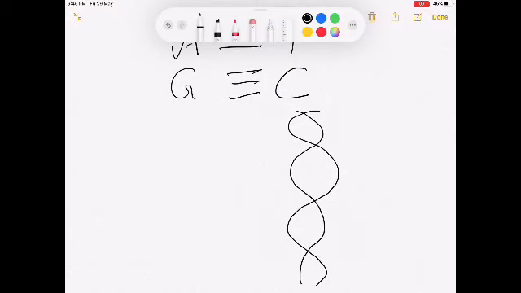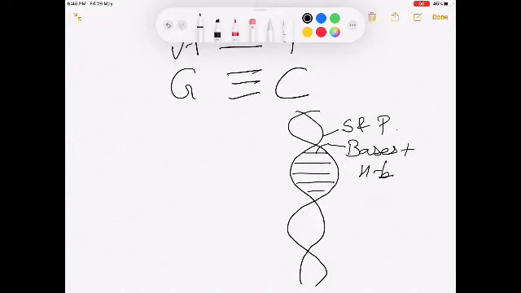So you can see this is the main strand, made up of sugar and phosphate, and the inner ladders will be made up of bases plus hydrogen bonds. Okay, so this is the structure. Whenever you make this structure, you must draw a thick strand which is made up of sugar and phosphate, and thin ladder strips inside.